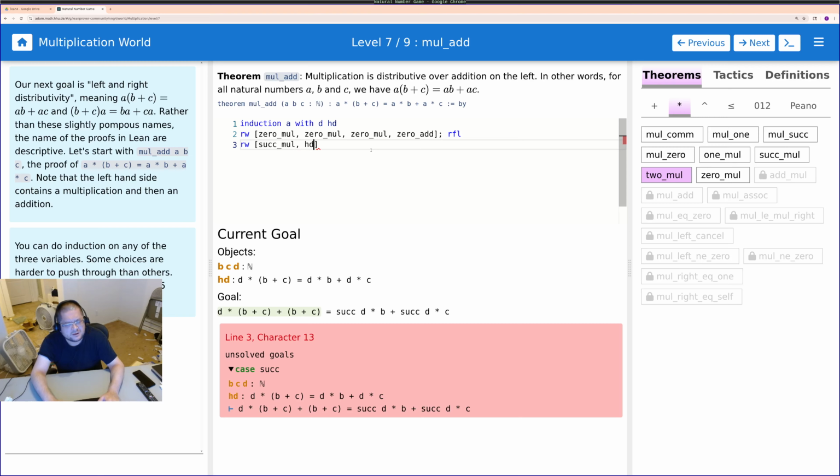Multiply HD. Alright, so we've applied inductive hypothesis. Now it's just making the math work.